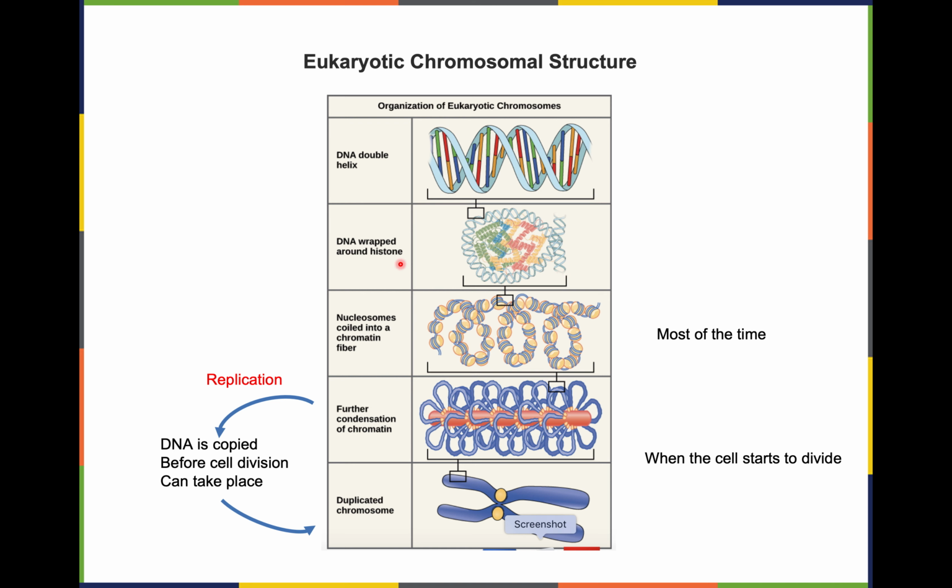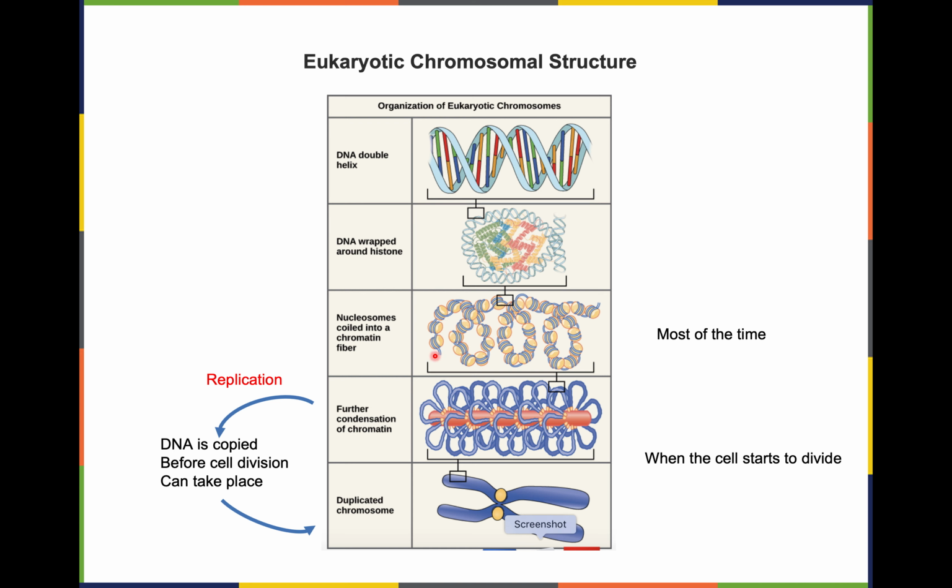Now, when you zoom out, at each step you will see that the chromosome of a eukaryotic cell looks like these hamburger-shaped structures that are sitting next to each other, one after another. And each of these hamburger-shaped structures is one of these things.